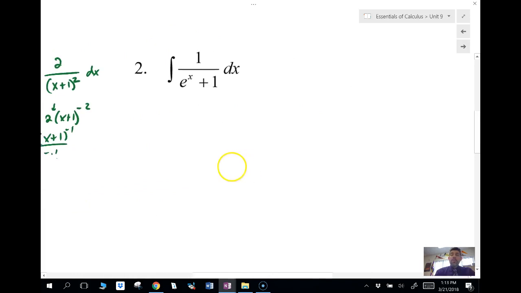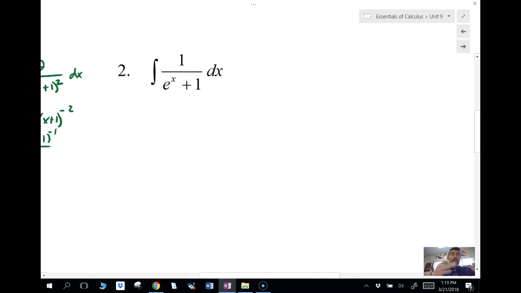Let's take a look at multiplying and dividing the same thing on the numerator and the denominator. So what I could do here is, if I try to make u e to the x plus 1, u prime is e to the x, which I don't have here, right? So that's not going to help me much.